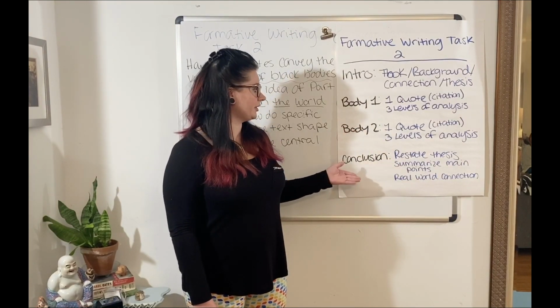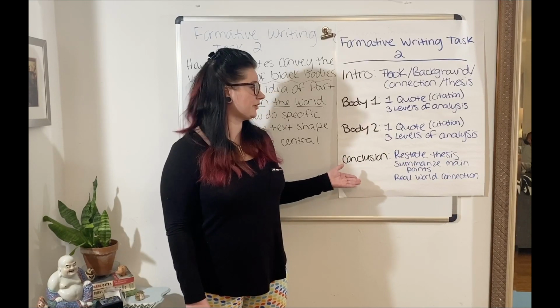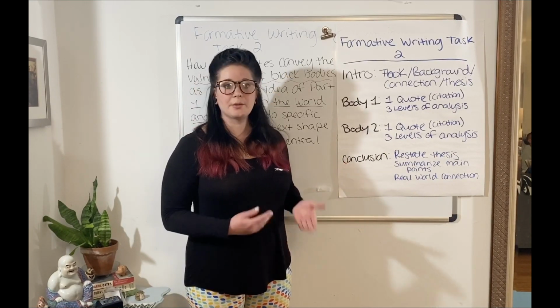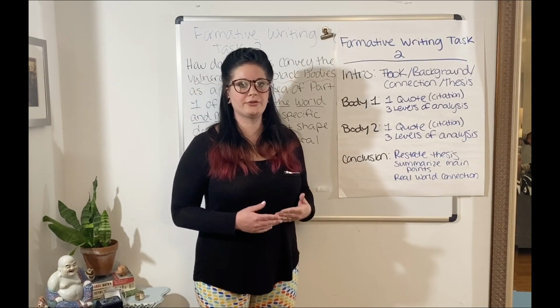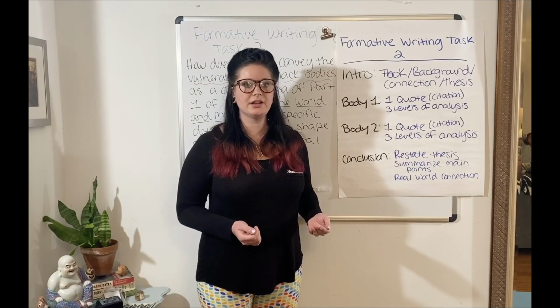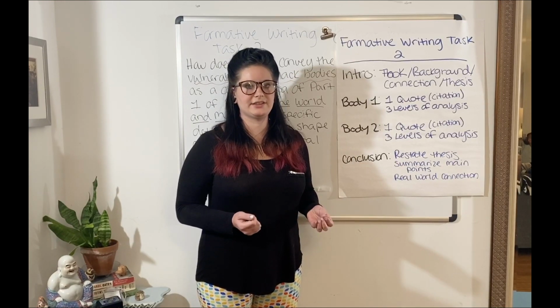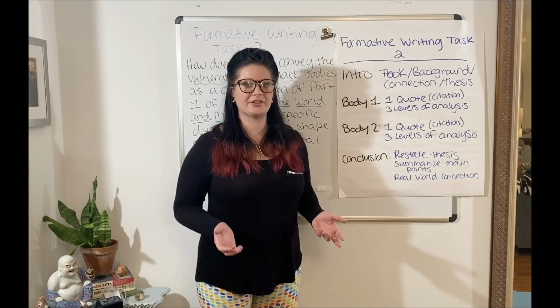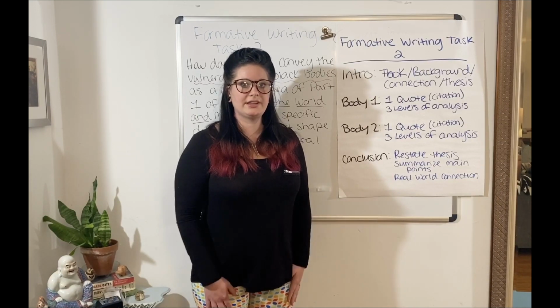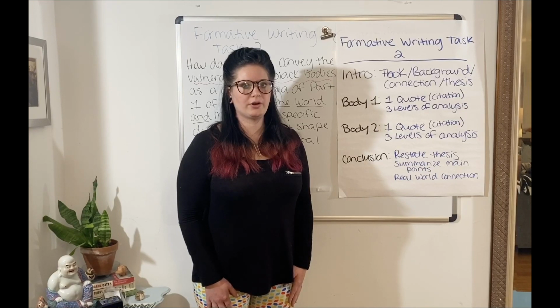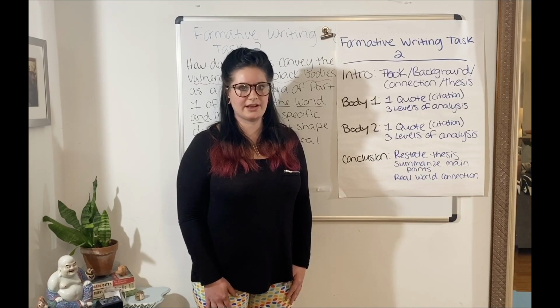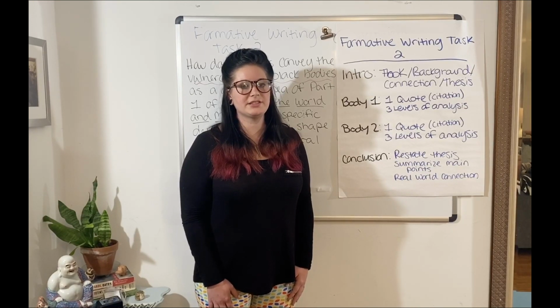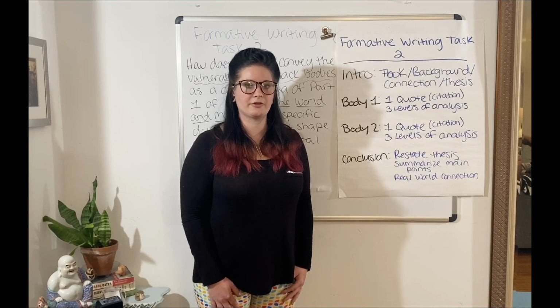And then for your conclusion, be sure to restate the thesis, summarize your main points, and then don't forget that real world connection. So why is this essay still relevant today in terms of the topics that you talked about? So again, if you want to see me go more into detail over the structure of an essay, especially the intro and thesis, be sure to watch our video from 3 weeks ago.